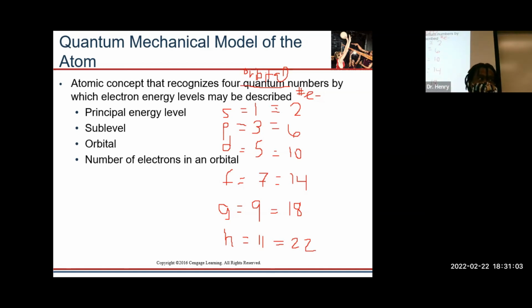Are you guys good? So each orbital can hold 2 electrons, one spinning one way and one spinning the other way. Okay, everybody got that? Good.